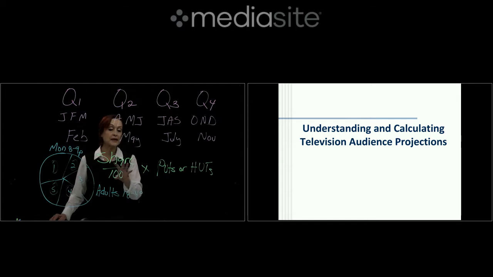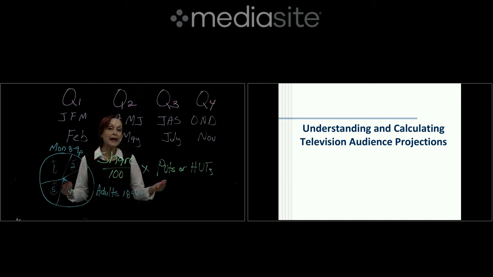The second piece of information is the HUT or PUT levels of the period of the year that you're planning forward to, but because you don't have a crystal ball to look at that, you have to go to the past.